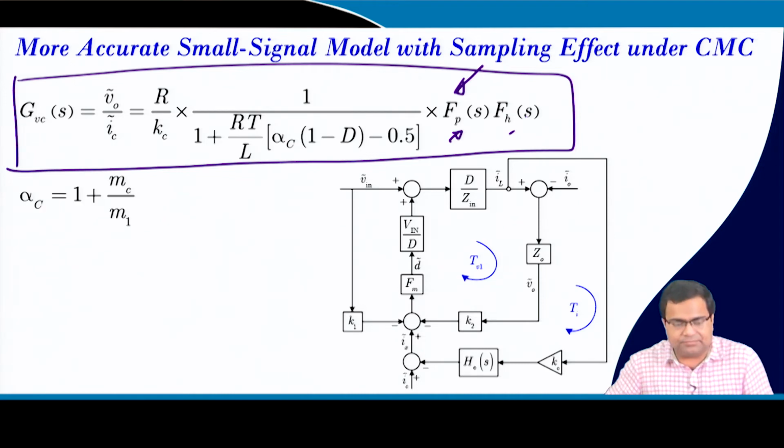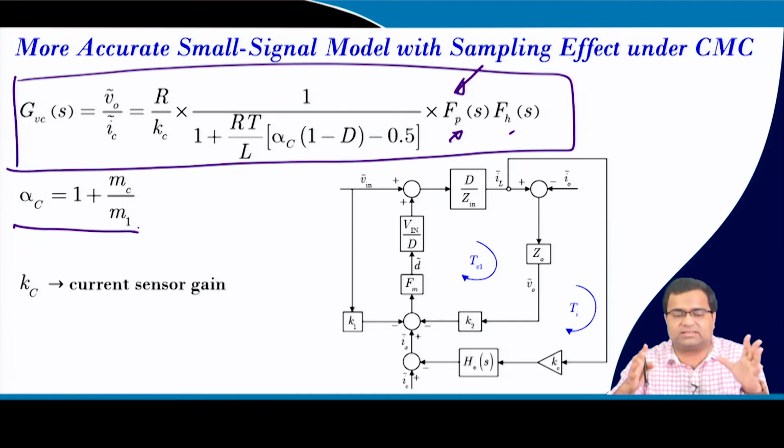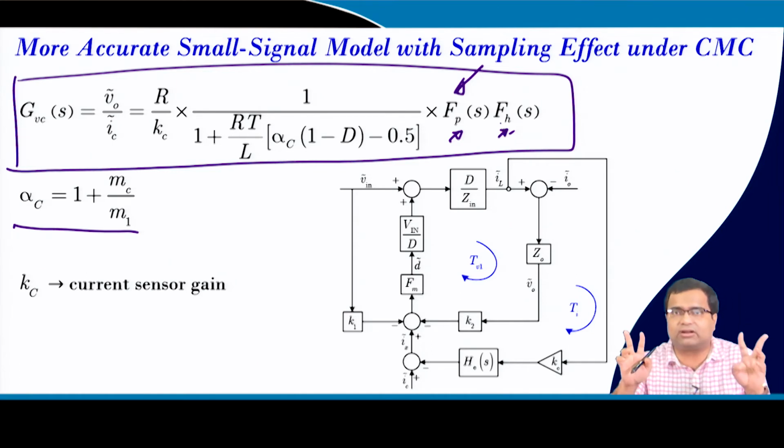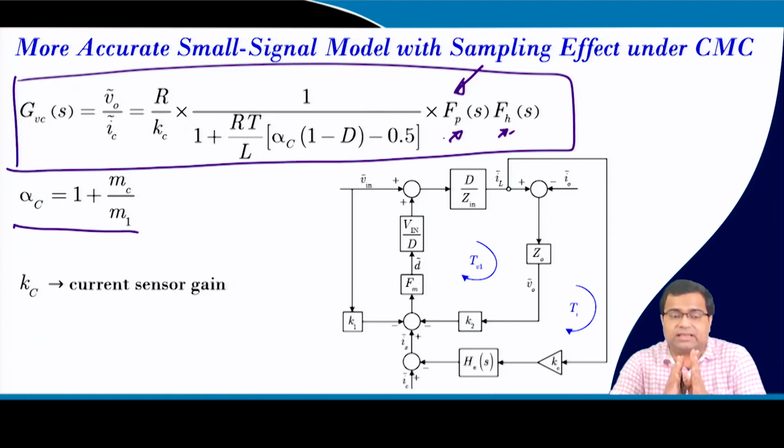This model is used in most of the industry, but still this hold effect has a second order pole, like 2 poles and 1 pole. So we want to see, if we use our first order model, which is very easy to design, what happens compared with the Ridley model, okay.